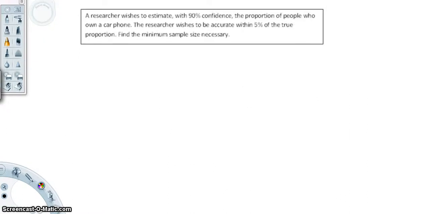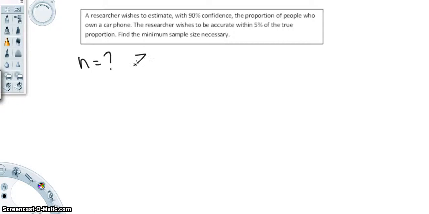So what do we do if we don't know what our sample proportion is going to be? So we look at this and it says a researcher wishes to estimate with 90% confidence the proportion of people who own a car phone. The researcher wishes to be accurate within 5% of the true proportion. Find the minimum sample size necessary. So once again, we're looking for n. We don't know what n is.